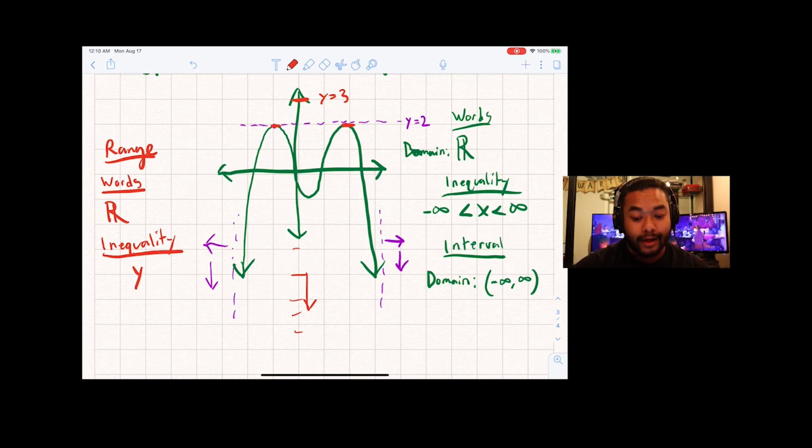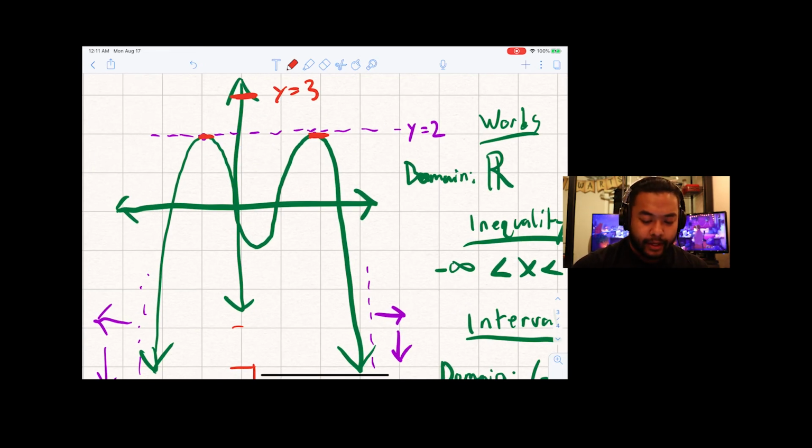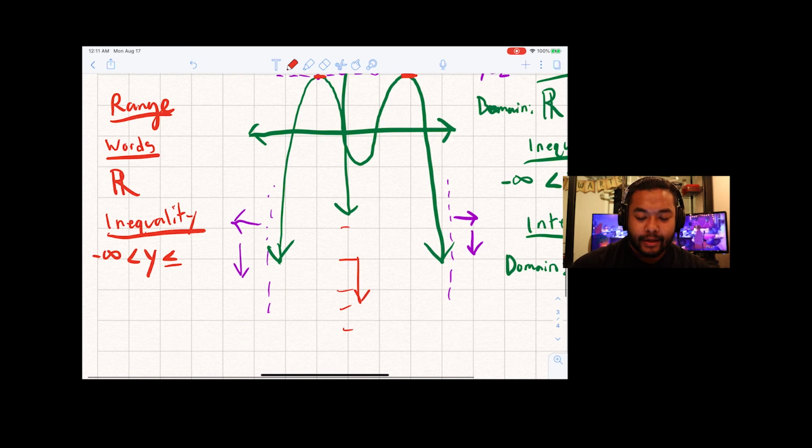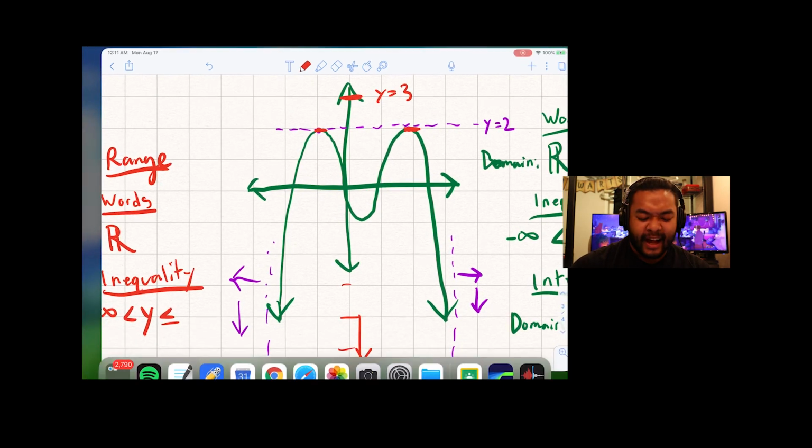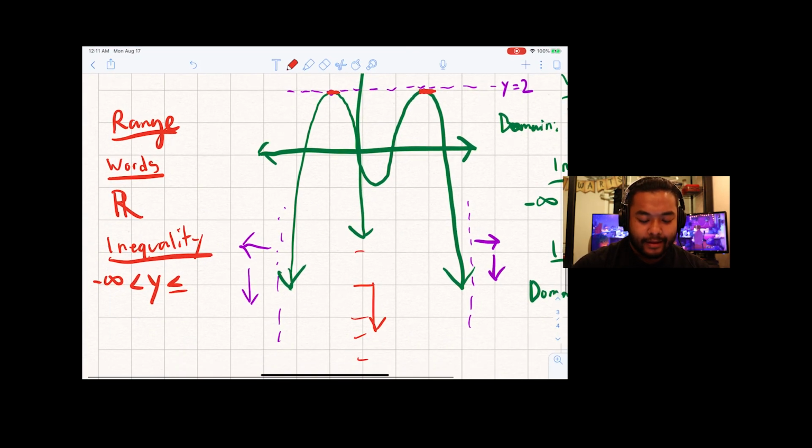I know it keeps going south, it keeps going to negative infinity. So it's greater than negative infinity, but it is less than... it starts from way down, and then makes its way all the way up to the top, and then hits y equals 2. Then I would say is less than or equal to 2. And this is our inequality range.